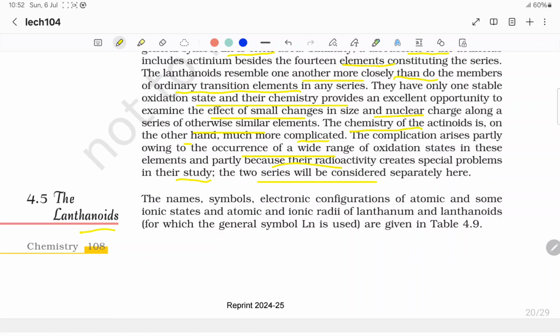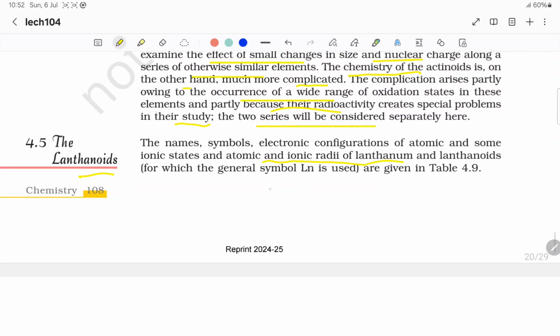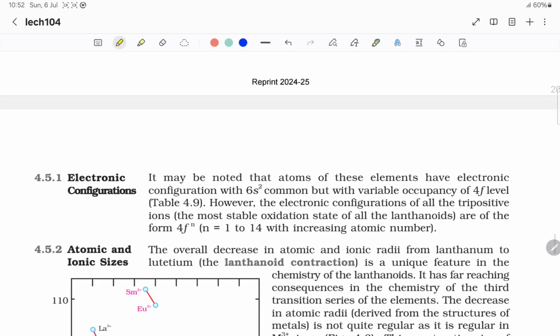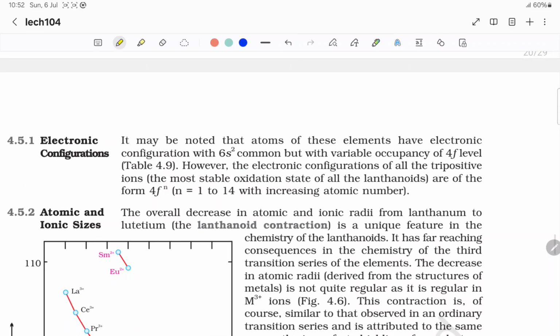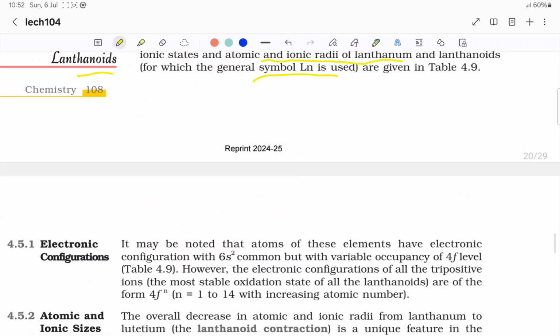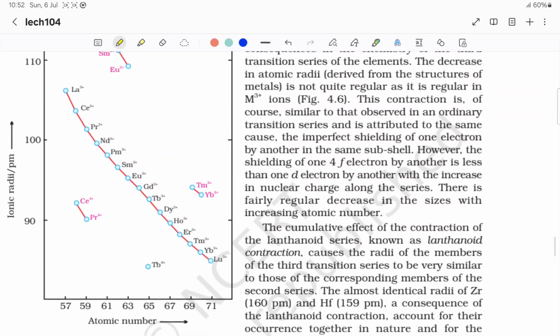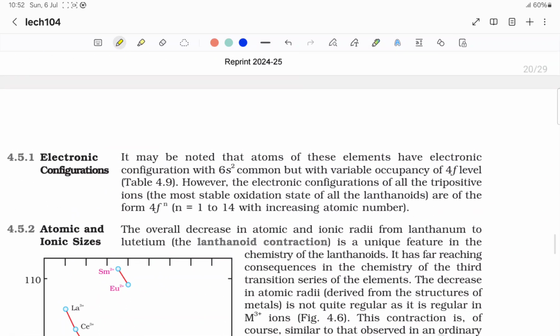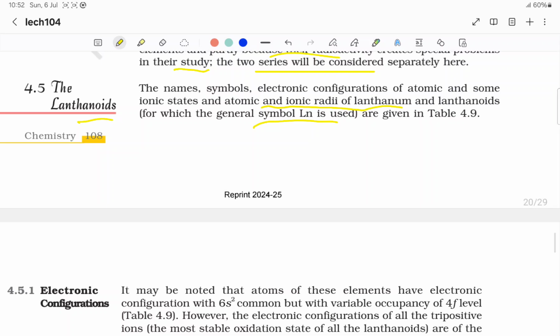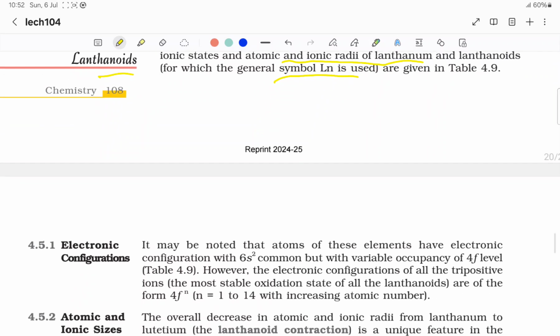Lanthanoids. The name, symbol, electronic configuration of atomic and some ionic states, and atomic and ionic radii of lanthanum and lanthanoids, for which the general symbol Ln is used, are given in Table 4.9. So here the first is the electronic configuration.